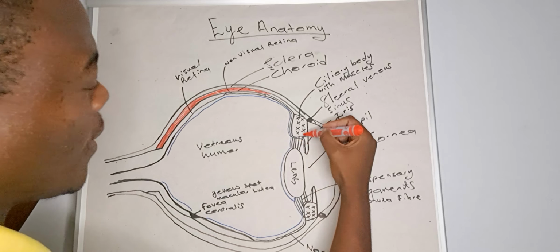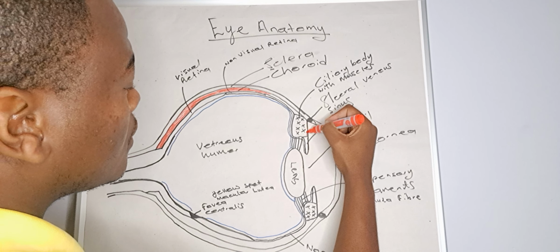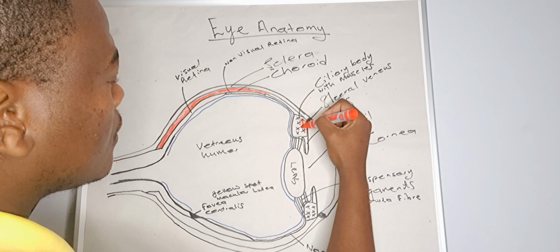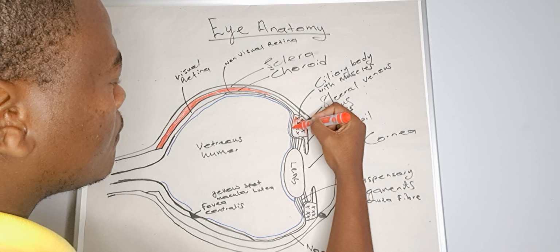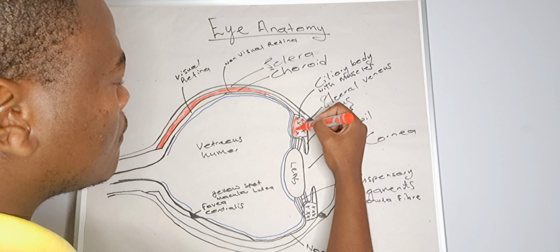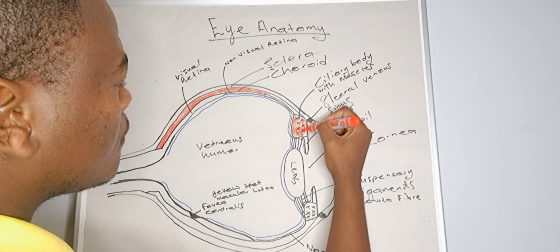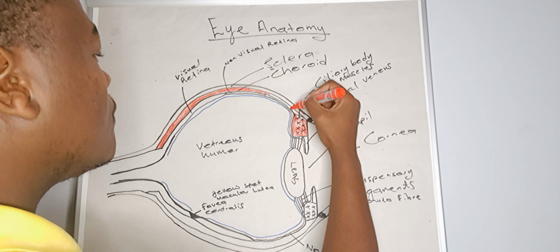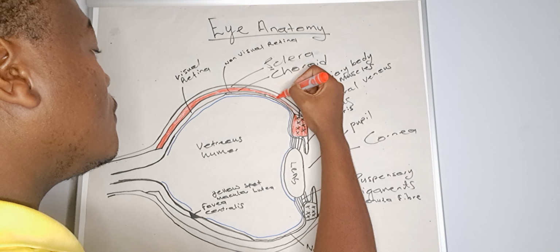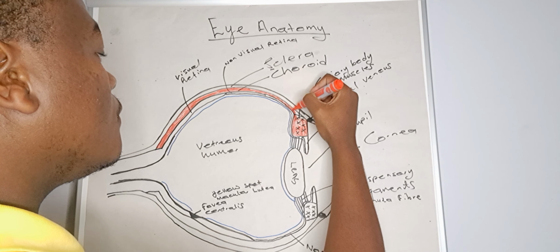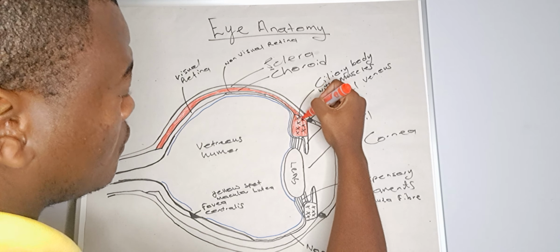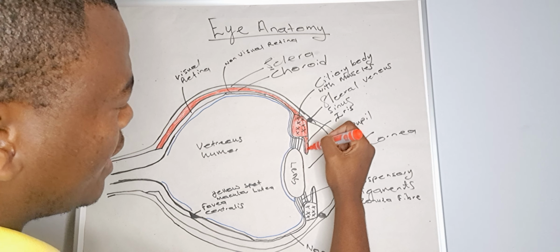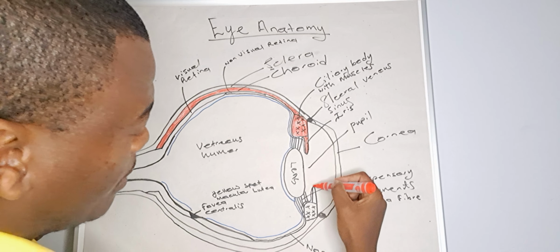This is our choroid. Continuous with the iris. Same applies this side.